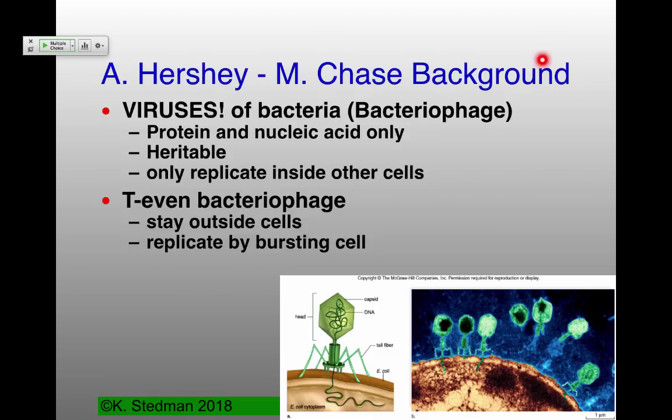And this was also about the time that people decided to study viruses, and particularly viruses of bacteria. If you're interested in more about this, take my virology course next term. We'll talk about this probably ad nauseum as far as you're concerned there.